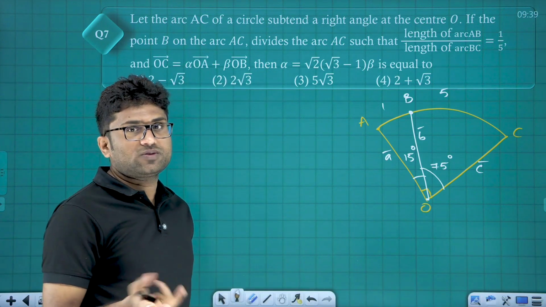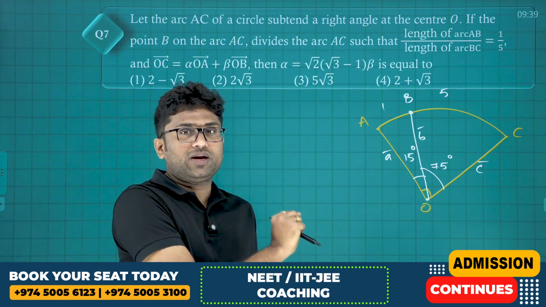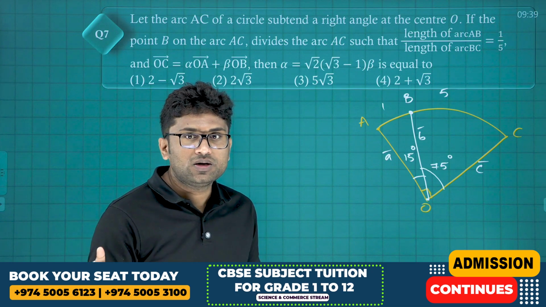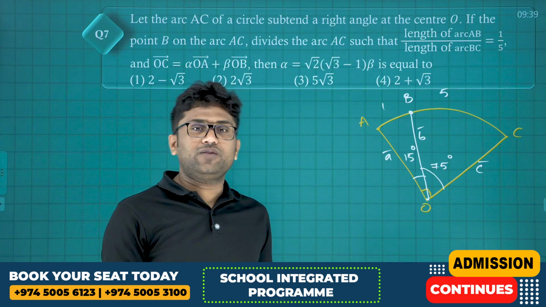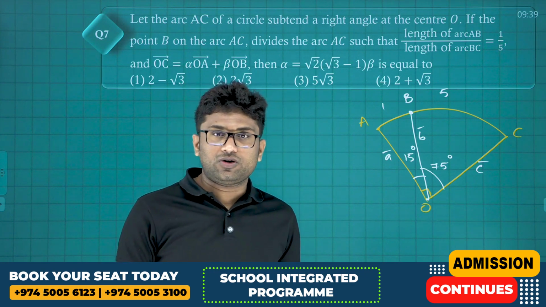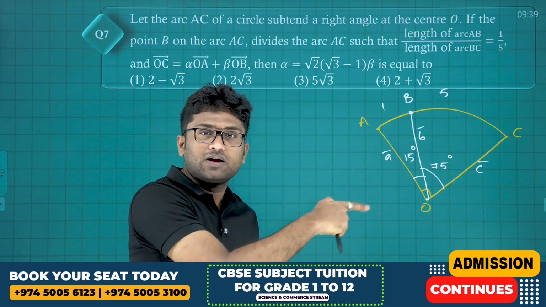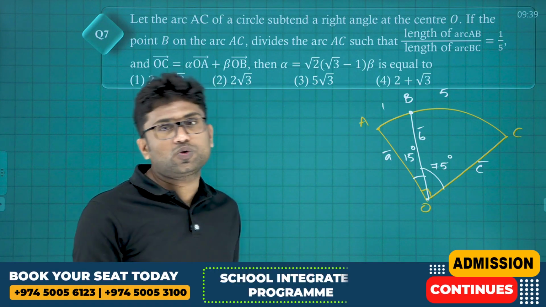Sir, why are you taking it as 1? Why can't it be another number? You can take any number. For simple calculations, I am taking it as 1. Sir, what if you do not take 1? If you leave it like that? Yes, you can. If you leave it like this, no issues at all. Because anyhow, mod A bar equals mod B bar equals mod C bar. Why are these three equal? These three are radii of the same circle, so they should be equal.